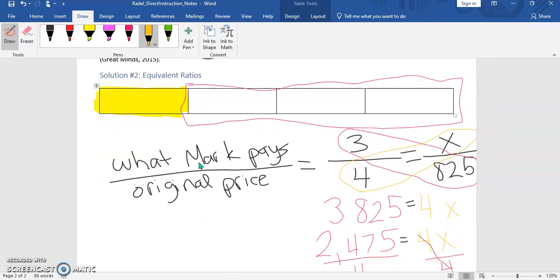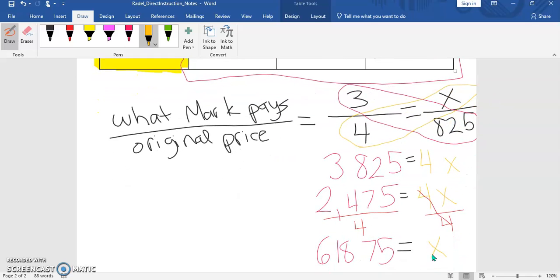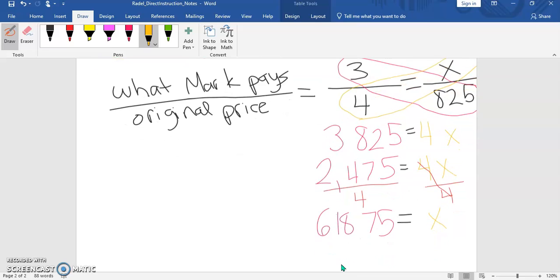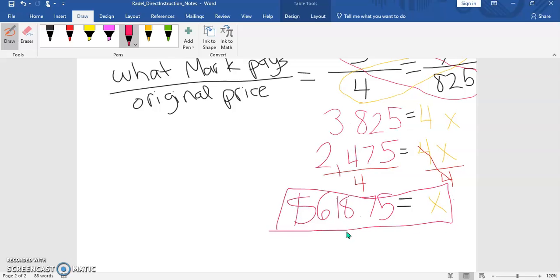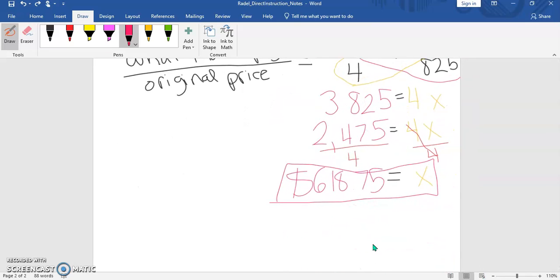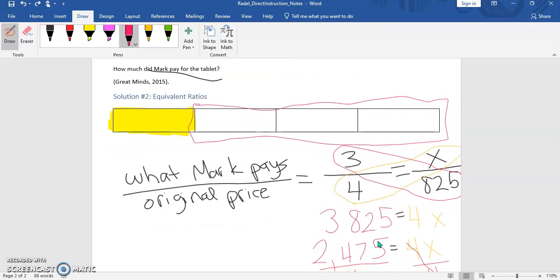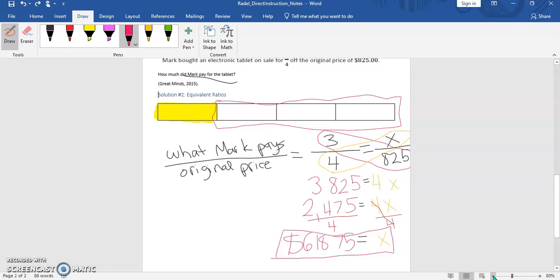So, what does Mark pay is x, and we know that x is equal to $618.75. So we solved this problem 2 different ways, and in both cases, we found that Mark is going to pay $618.75 for this tablet.